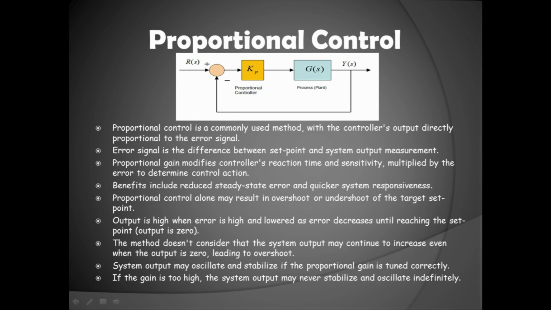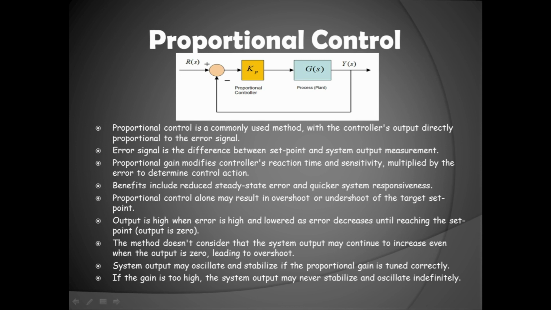So, in simpler terms, what proportional control really does is that it lowers the system output when the error is lowered. As we've explained before, the error signal is the difference between the set point and the system output measurement.